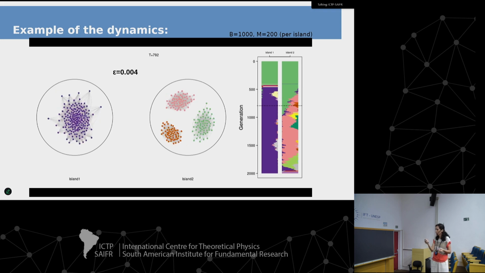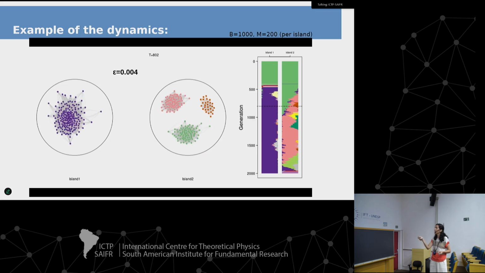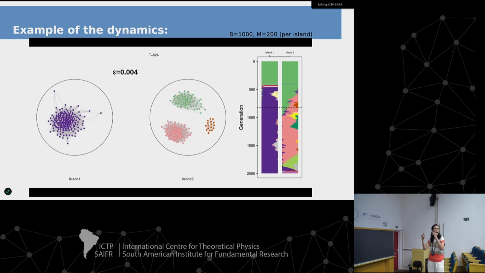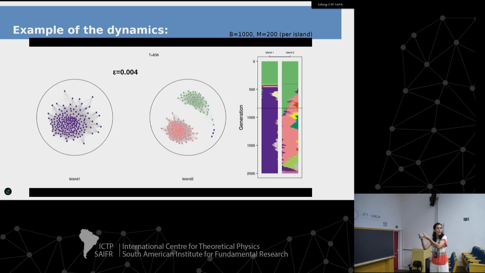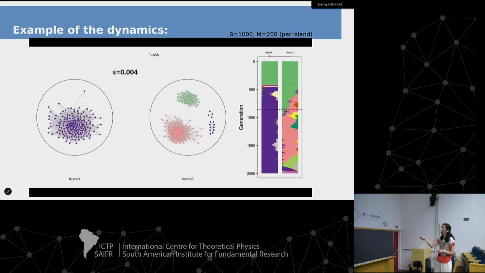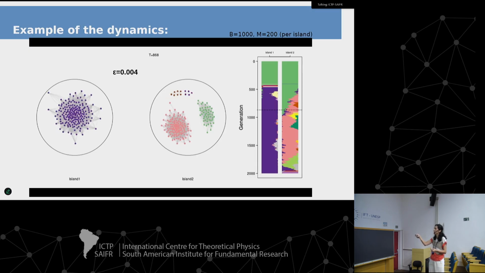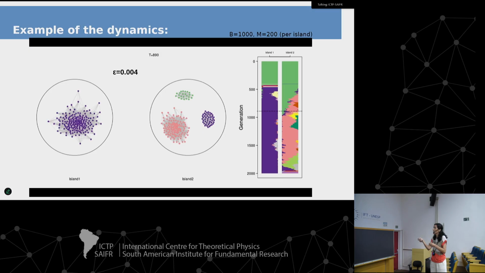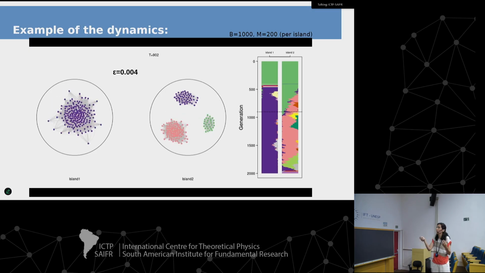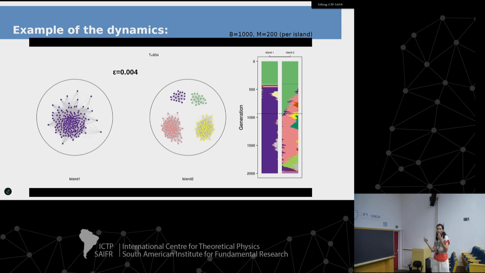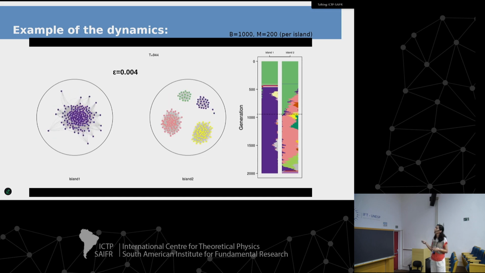They move to the other island, and they cannot mate with the other individuals, which means a potential new species can emerge. But the other way around, here, where you have 3, 5, 6 species, the chance of 2 individuals of the same species migrating from here to here is even lower, because now we have more diversity on this island. So this kind of asymmetry is an emergent pattern in this model.